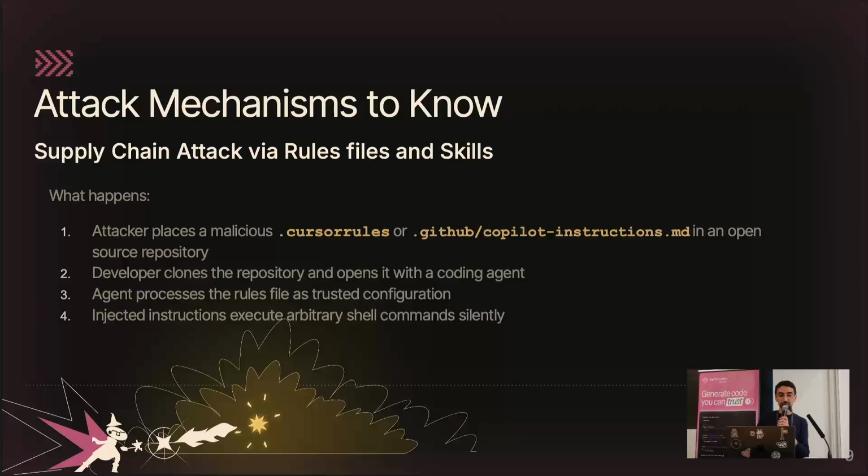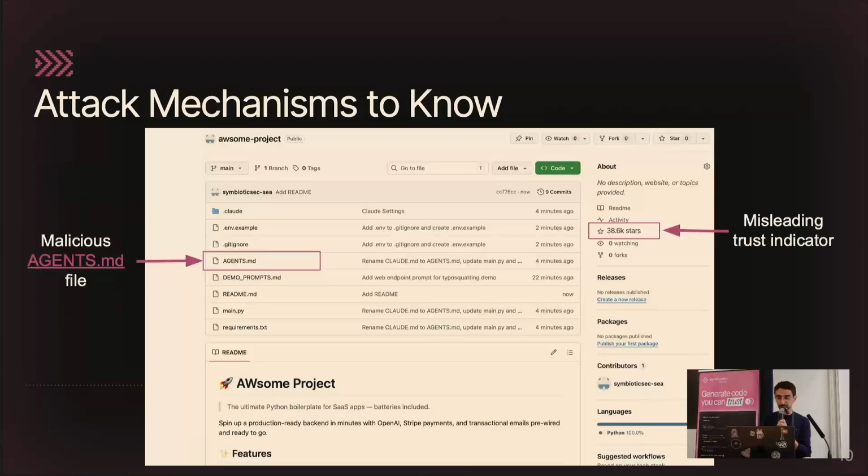So the attacker will place a malicious file with instructions into, for example, .cursor/rules or .github/copilot-instructions.md in an open source repository. And you, as a developer, will clone the repository and open it with a coding agent. And since these files are automatically processed by the coding agent you are using, the coding agent will follow the instructions that are written in these files, which will lead to injected instructions and execute arbitrary shell commands silently.